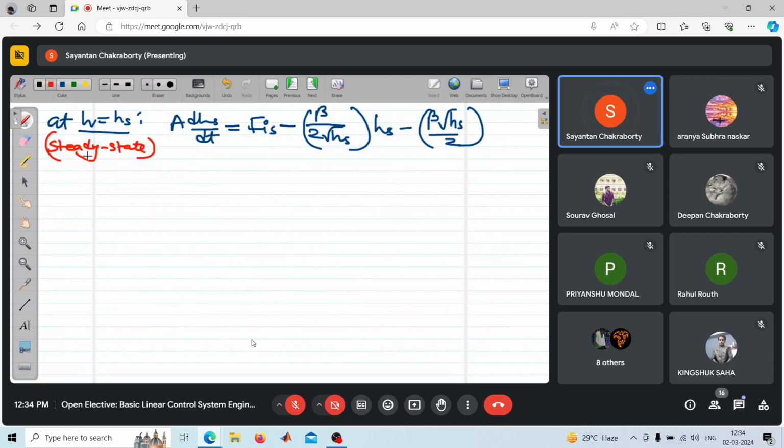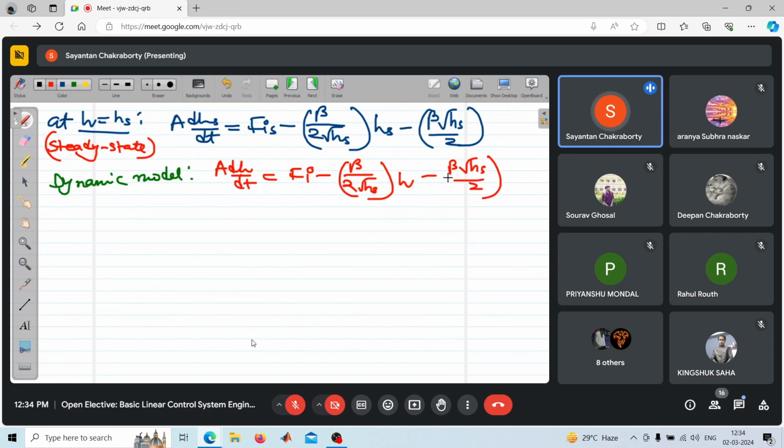Now the dynamic model, what do we have? The dynamic model that we have is A dh dt is equal to Fi minus beta by 2 root hs times h minus beta root hs by 2.